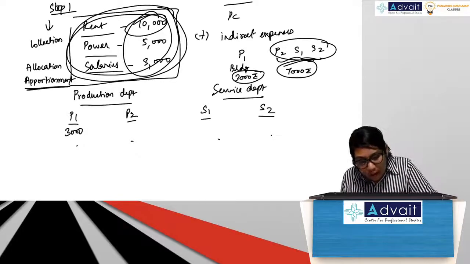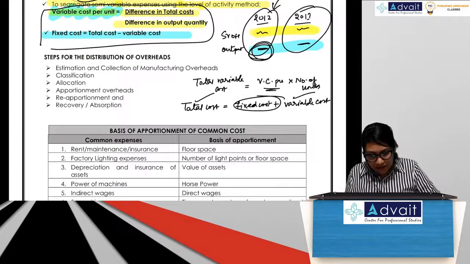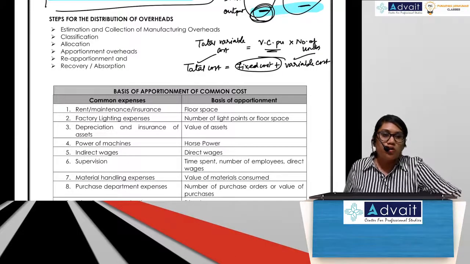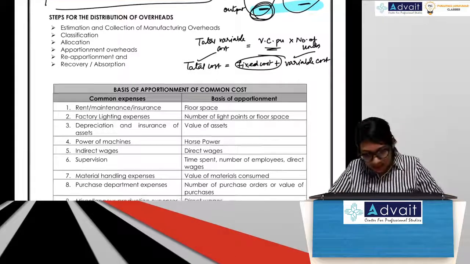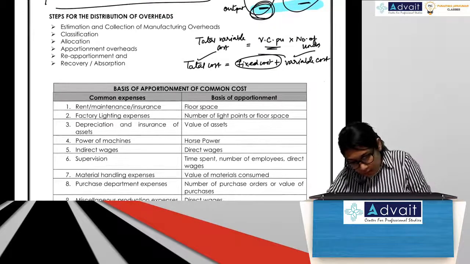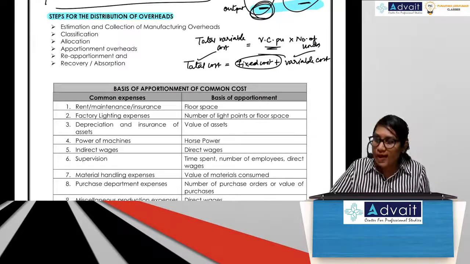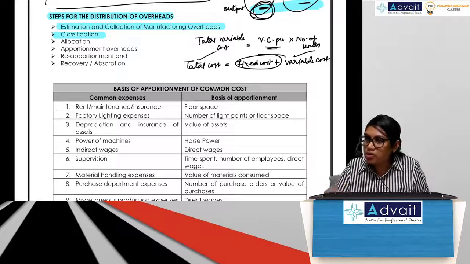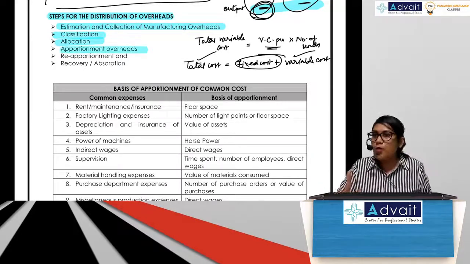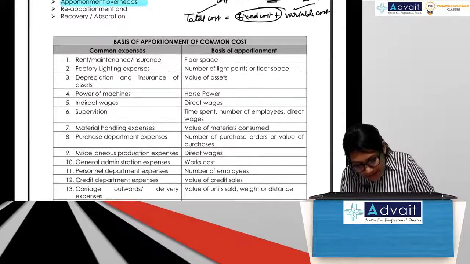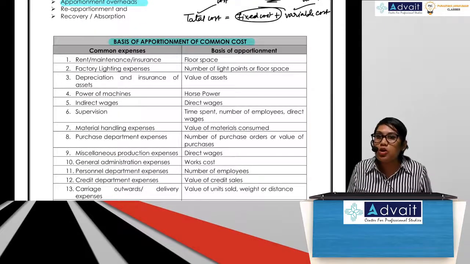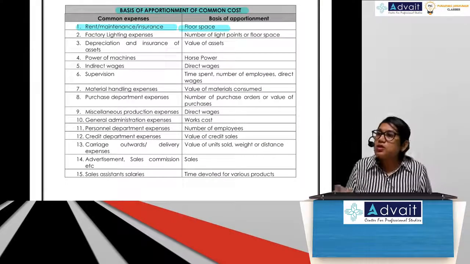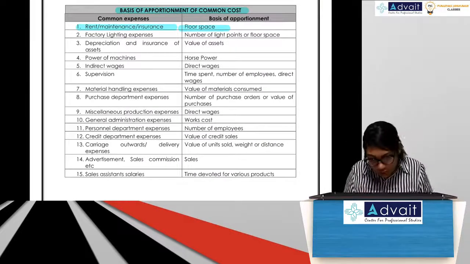So if you come to your concepts, see here I've given you the steps for distribution of overheads: estimation and collection, classification, allocation, apportionment. See here, basis of apportionment of common cost. Rent, maintenance, insurance is usually divided on the basis of floor space.